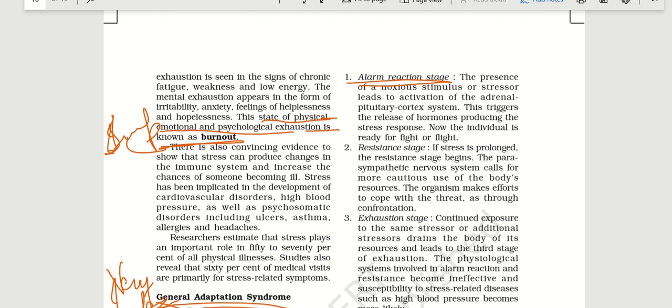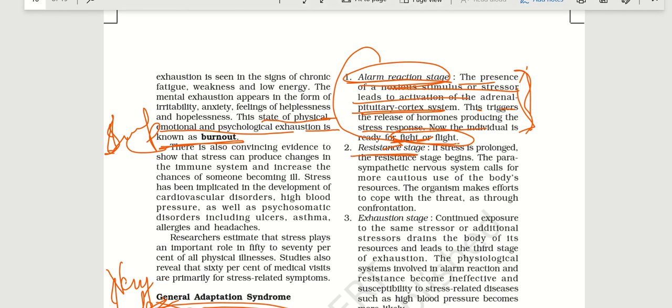Now the individual is ready for fight or flight. Once these hormones are alerted, the individual has to either fight the stress or flee from it. So this is what he explained in alarm reaction. You reach this stage, fight or flight, after these things are triggered.